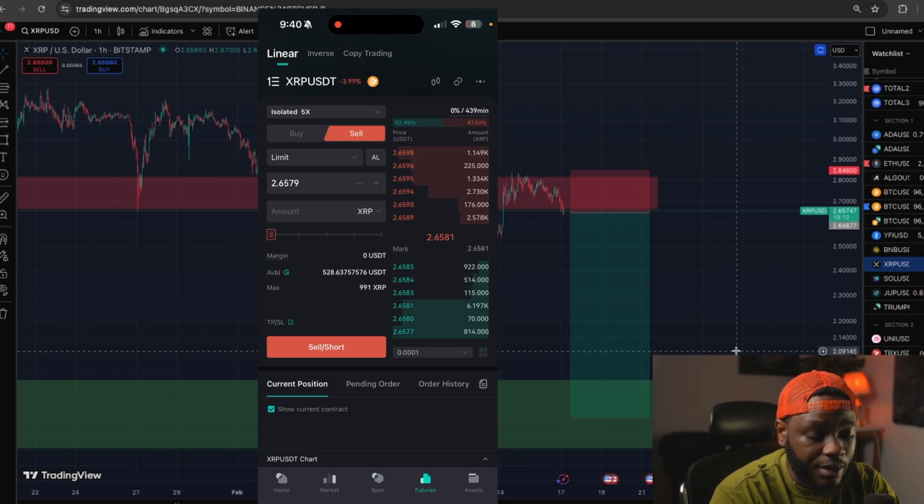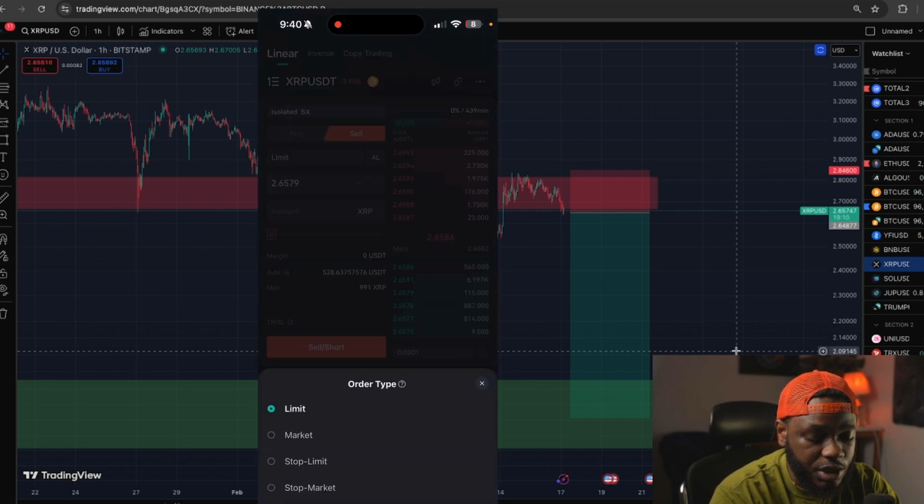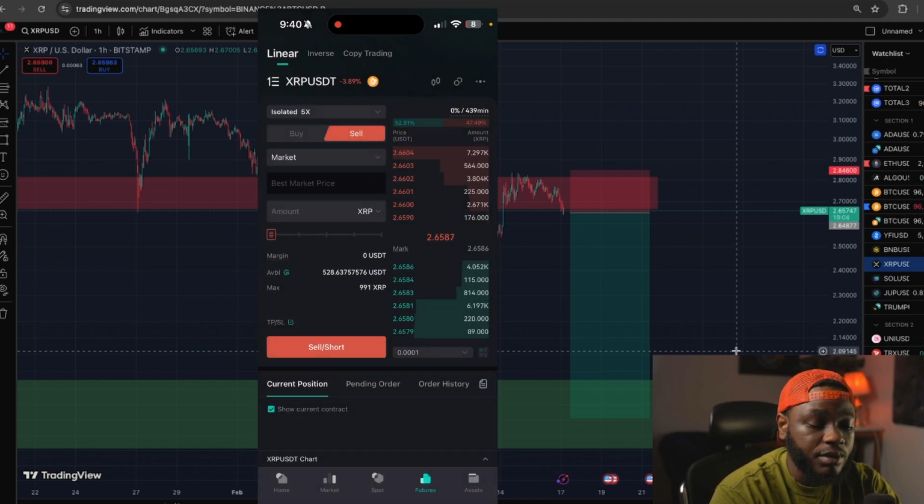So okay, after choosing my leverage, the next thing I want to do is change from limit to market. That's my order type. The reason I like to use market order is because most of the time when I run my analysis, I like to enter the market immediately, and not necessarily wait for prices to get to a particular point. If I'm seeing something, I'll take it immediately.